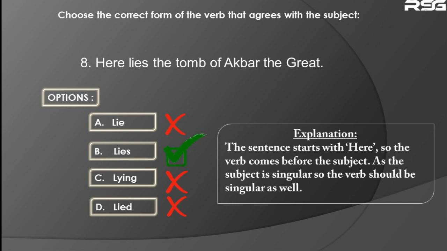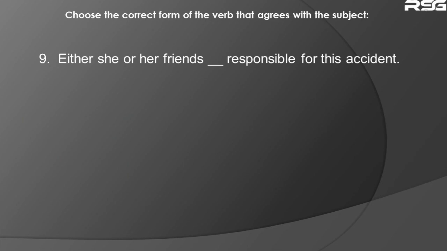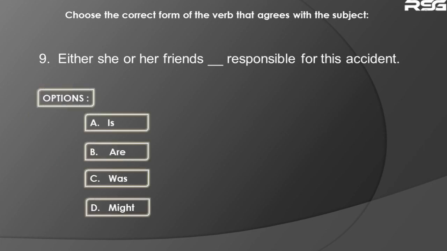Well, now we'll see the last sentence of this class today, and the sentence is, "Either she or her friends dash responsible for this accident," and your options are is, are, was, might. Now see, here again the two subjects are accompanied by either-or.